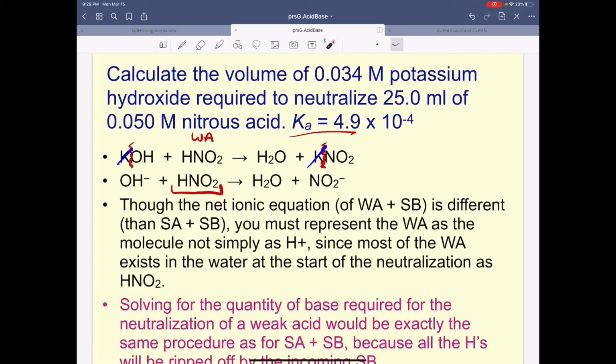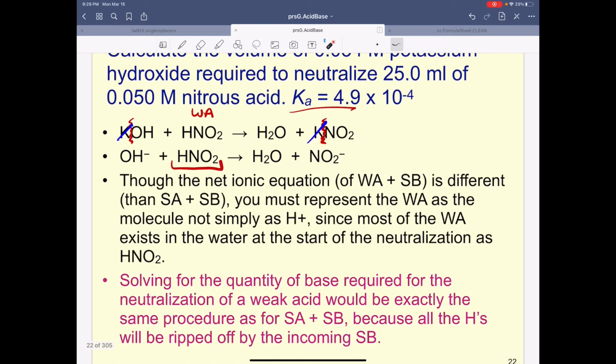But we can't eliminate the nitrous acid because as a reactant, it is very much stuck. Most of it, 95% of it, is stuck as a molecule. So we want to represent the nitrous acid as a molecule. So that needs to stay in the net ionic equation.